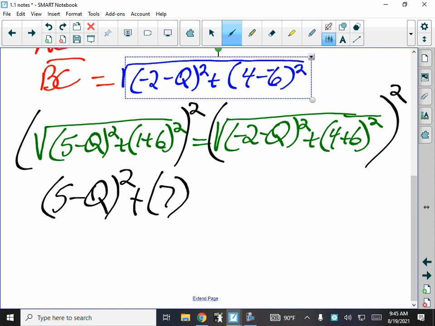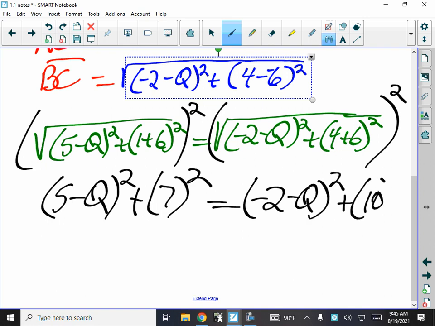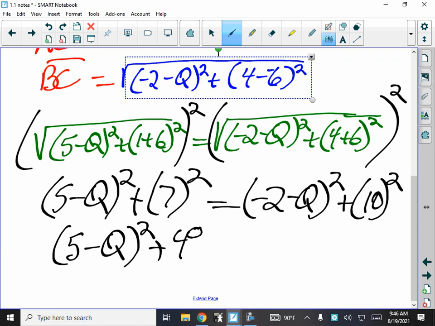And the right side is negative 2 minus q squared and 10 squared. By the way, I'm doing the hardest thing in the world on day one, because your brain needed a jolt, didn't it?